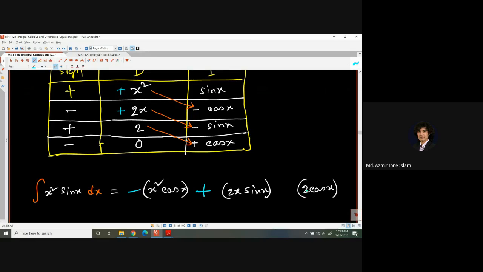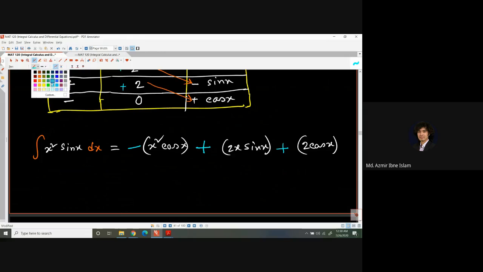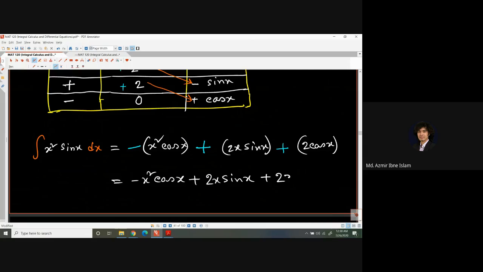And for the last part, 2 cosine x, you can see here we have positive, so positive, positive, positive, positive, positive, you will get positive. So here we have negative x squared cosine x plus 2x sine x plus 2 cosine x. This is our final answer, or antiderivative, for this integral.